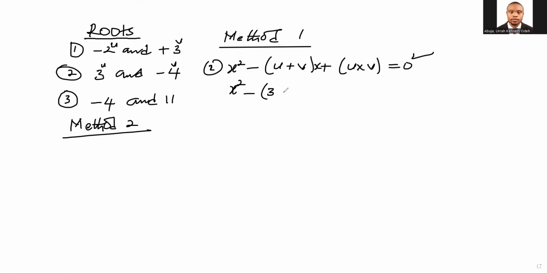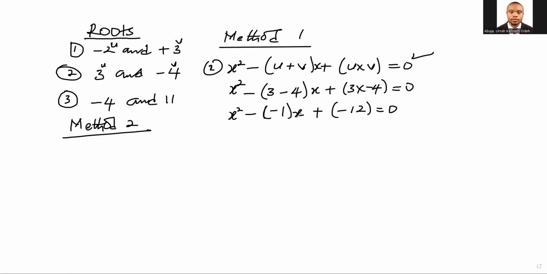Our u is 3 and we have -4, so x squared minus (3 minus 4) x plus (3 times -4) equal to 0. Now 3 minus 4 gives you -1, because 4 is bigger than 3. If you multiply these two, you have -12 equal to 0.